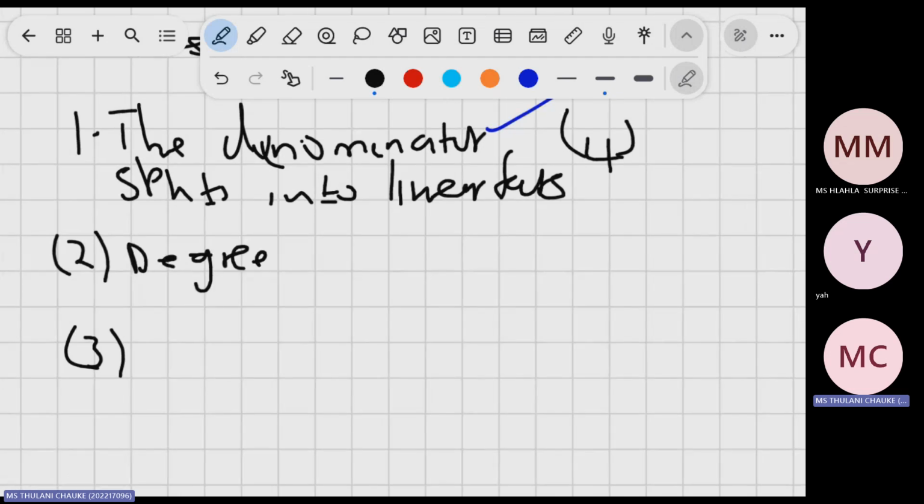of the numerator being greater than the degree of the denominator. This is the one that I want us to start with, no?